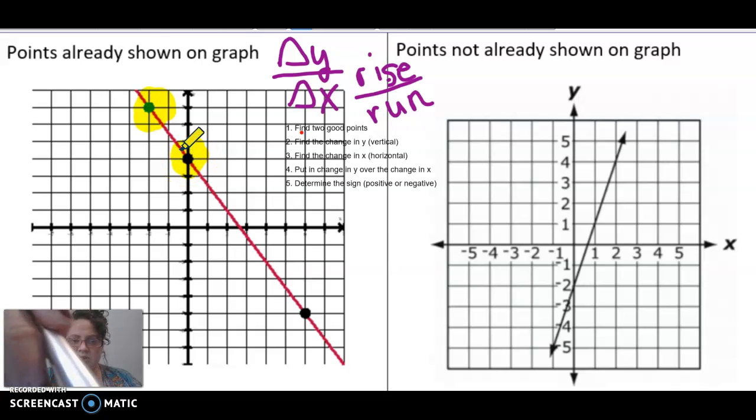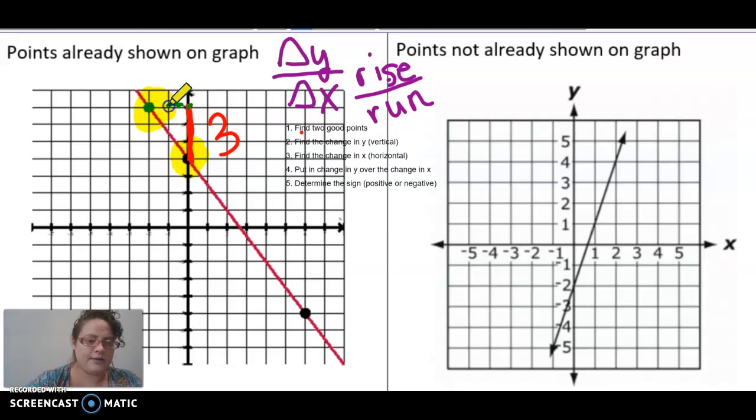All right, so what we're going to do is make a staircase. We always start with the change in y, or the vertical change. So I want to know, how far up do I have to go? Well, I have to go up 1, 2, 3. So my vertical staircase was 3. My rise was 3. Now I have to do my run. How far over do I have to go?